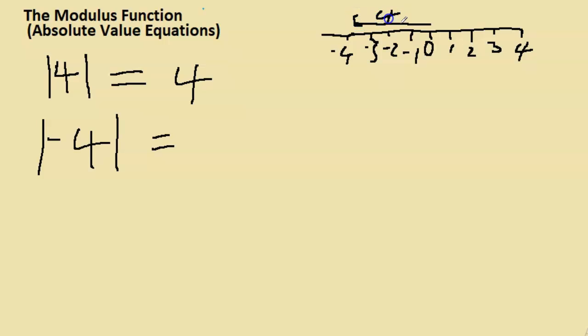And if you want to get to positive 4, it's the same 4 units. So the absolute value of 4 is equal to 4, and the absolute value of minus 4 is also 4. The absolute value is just the distance of the value from 0 on the number line.